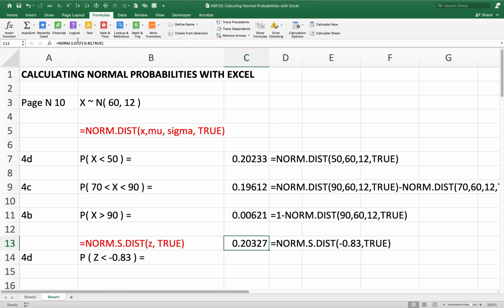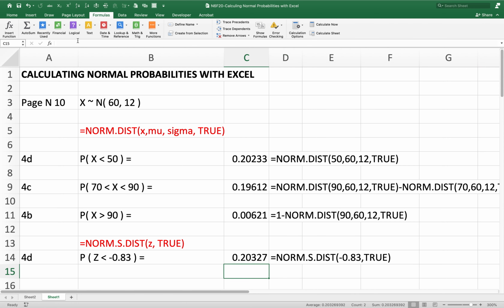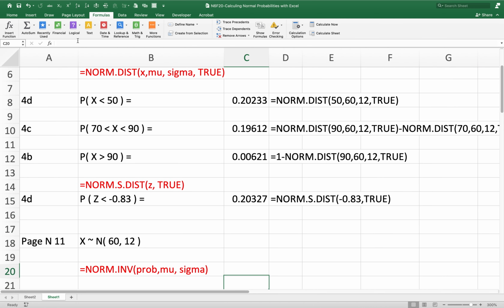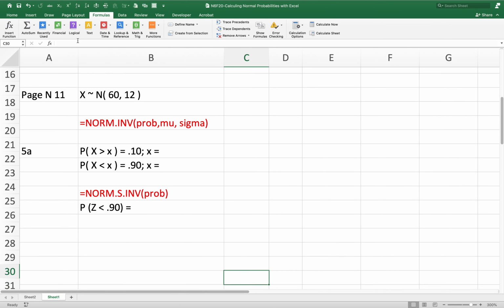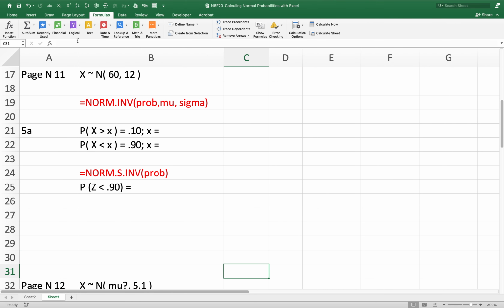All right, let's continue on down here. I suppose what I should have done was just pulled those down here. There we go. Now they're in the right place. Now the above was when we are given an X value, a mu, and a sigma, and we wanted to find a probability. So that's what the NORM.DIST function looks at.